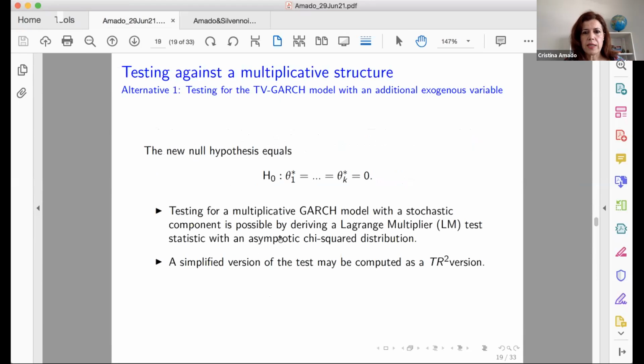So this is done, as I mentioned, using a Lagrange multiplier test, and we show that this has an asymptotic chi-square distribution.